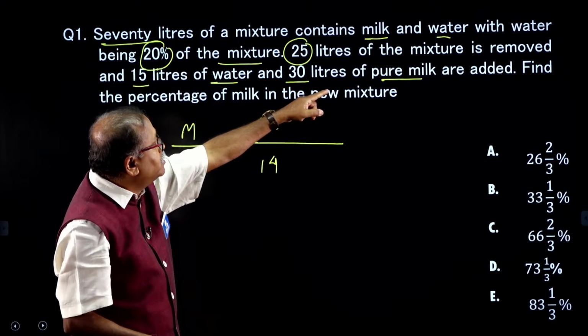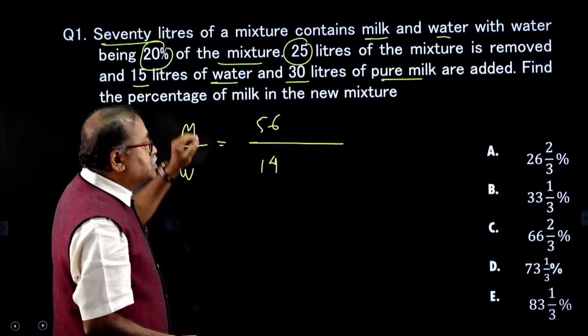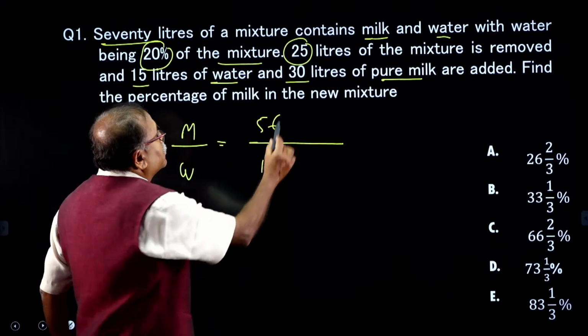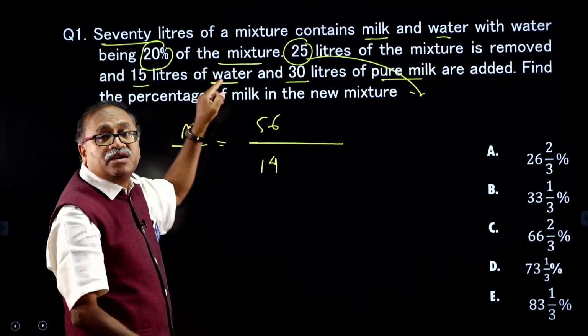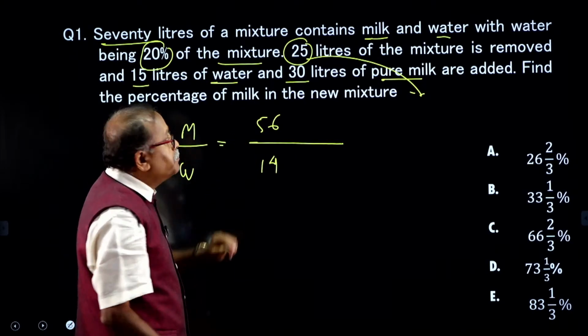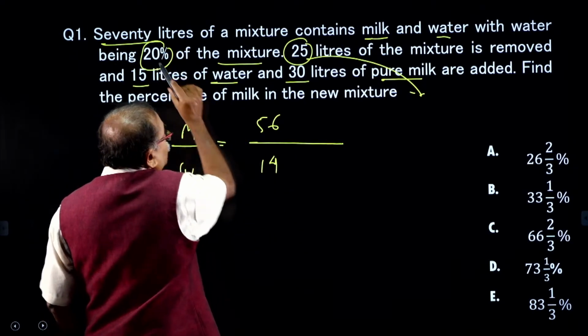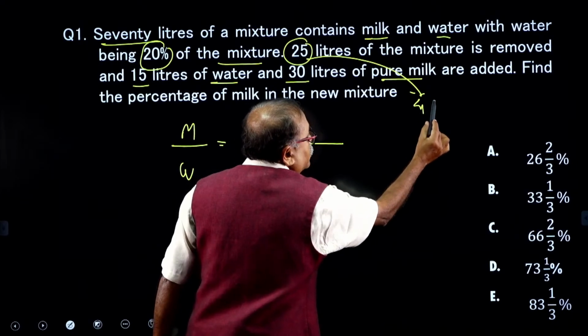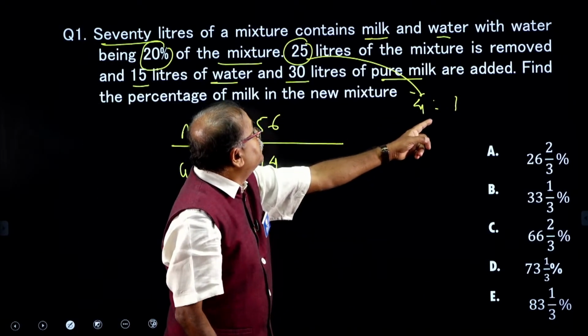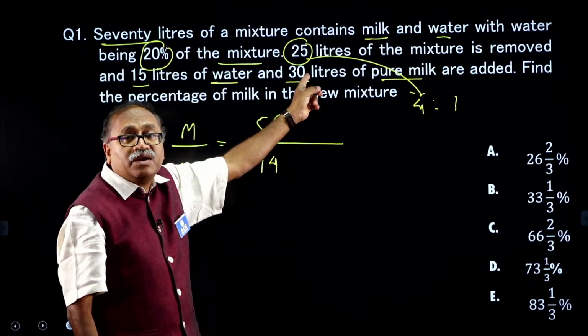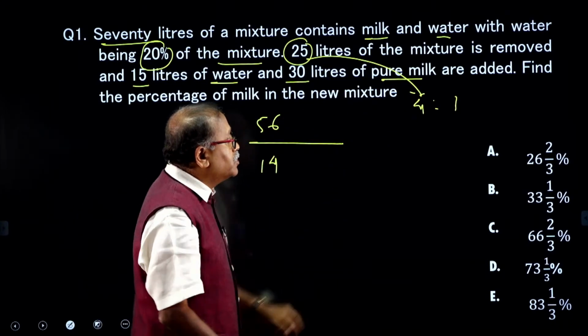25 liters of mixture is removed. So, when you are taking out the 25 liters of mixture, what is the ratio of milk and water? That is 80 is to 20, in other words 4 is to 1. So, the total is 5. So, 25 divided by 5, that is 5, 5 into 4 is 20.